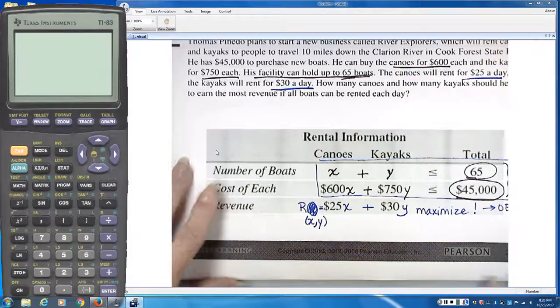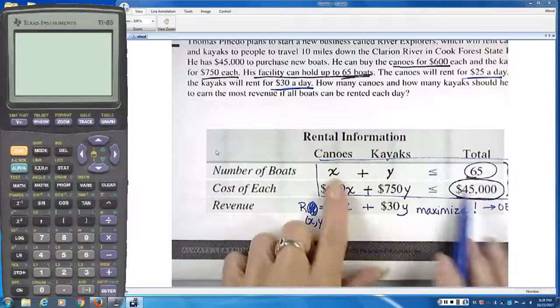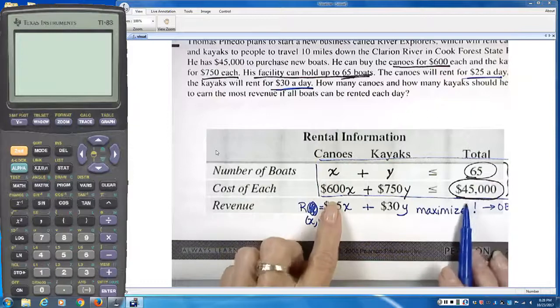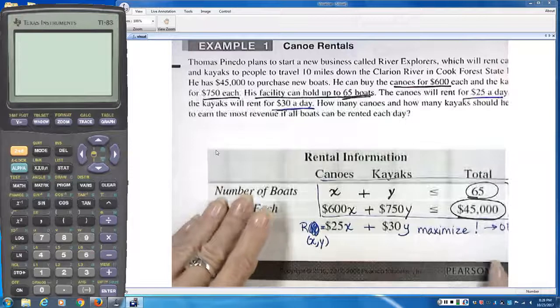So what we're going to do to solve the problem, in the first place, it's going to be kind of hard for me to think about graphing x plus y is equal to 65 on the same set of axes as this. But I can use something I learned about matrices to come up with an equivalent equation that'll have the same solutions. So what we're going to do next is a little algebra trick.